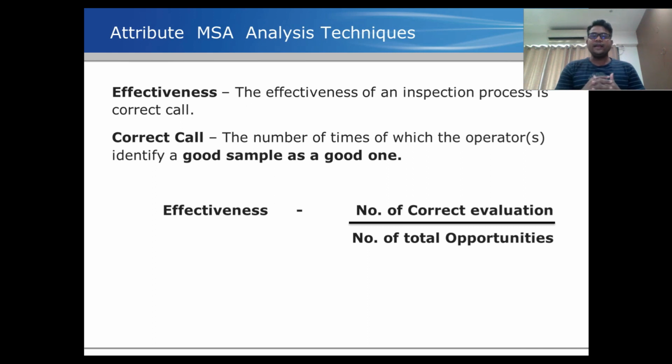So its formula is the number of correct evaluations, how many times he said okay as okay or not okay as not okay, divided by the total number of products he was asked to measure. It means the total opportunities he had to call a good sample good and a bad sample bad.